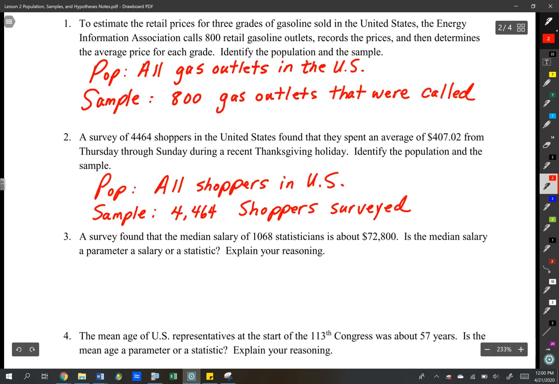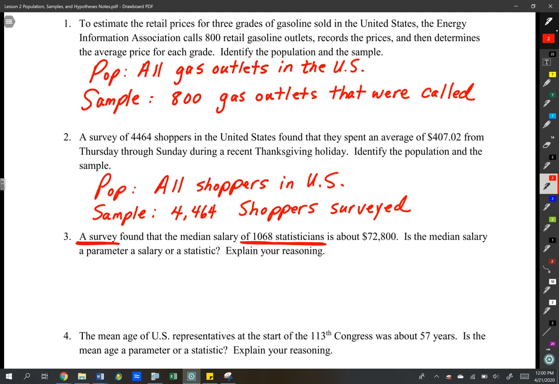The survey found that the median salary of 1,068 statisticians is about $72,800. Is the median salary a parameter or a statistic? All right, so in this case, we're talking about a survey of just these statisticians, just about 1,000 people.